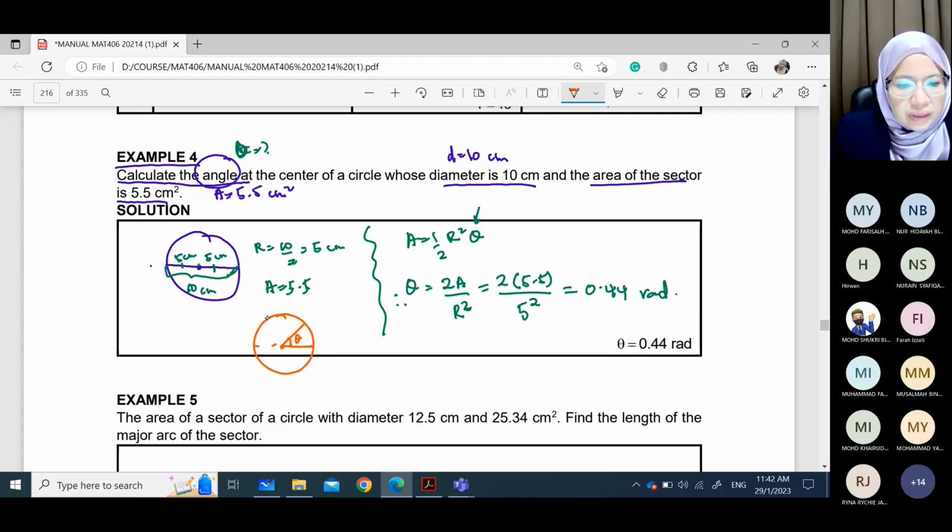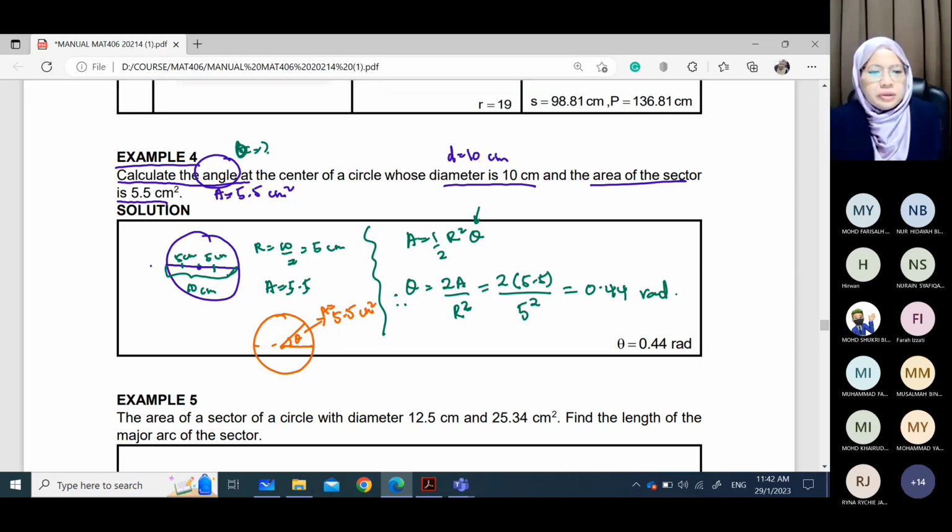Okay, macam ni. So area yang berada di dalam ni adalah 5.5 cm squared. Okay, faham ya?